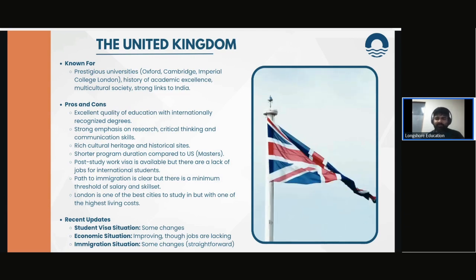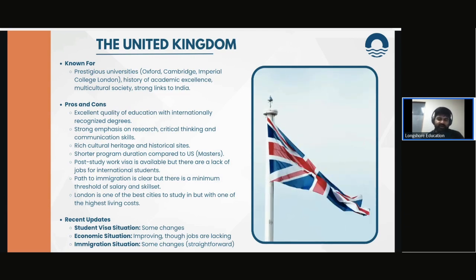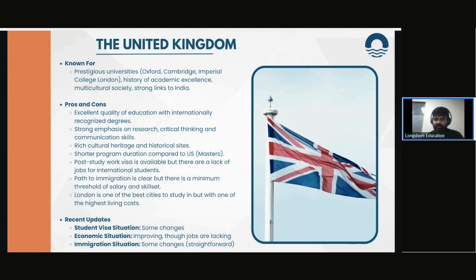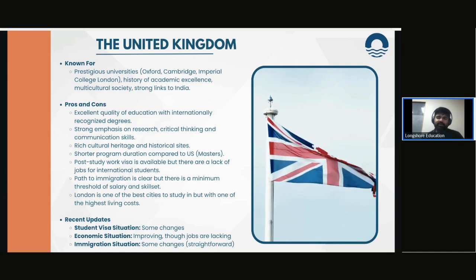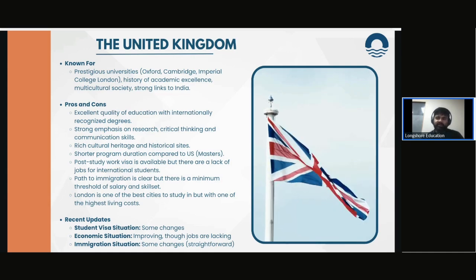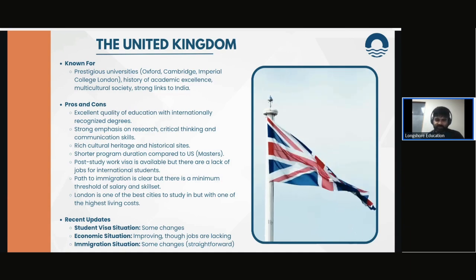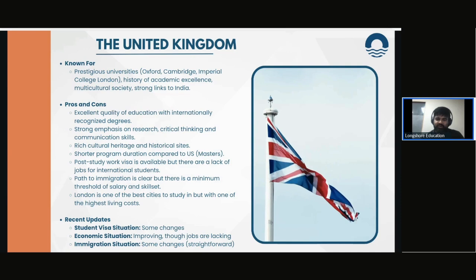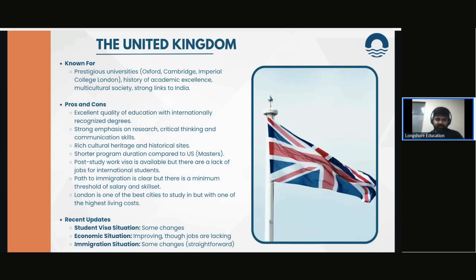But you do need to have that highly skilled job which pays you more than 38,000 pounds per year. There are some fields which are below that threshold if there's a shortage in that particular sector. However, the problem is that outside of those areas like finance and technology for that matter, there is a lack of jobs.